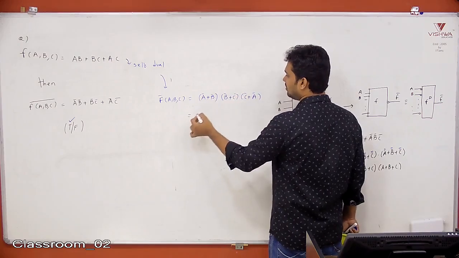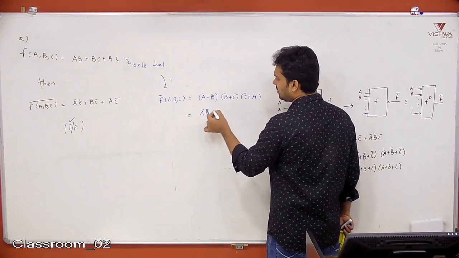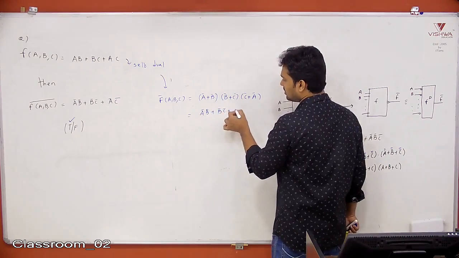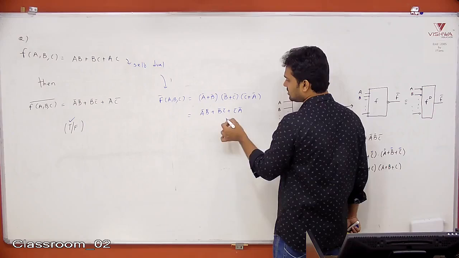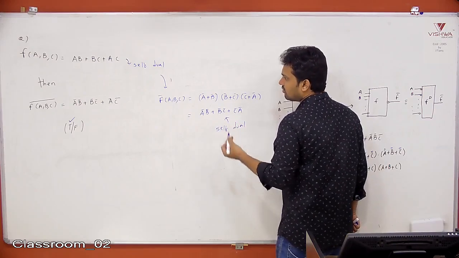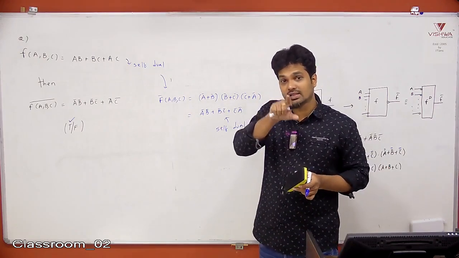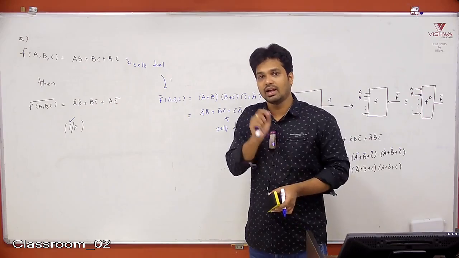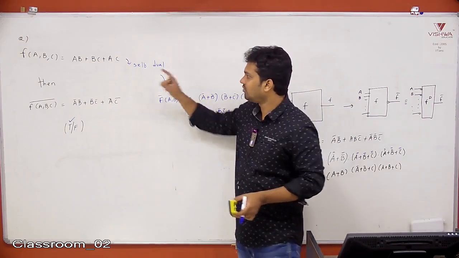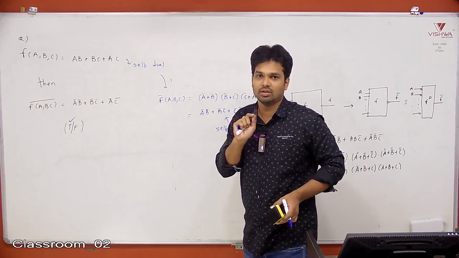But this will be equal to, you can expand and check if you have doubt, A bar B bar plus B bar C bar plus C bar A bar, because it is a self-dual expression. Dual and original function both are the same here. So, if your function is a self-dual expression, directly take the complement of each individual variable, that is the same as total complement. Is it clear?